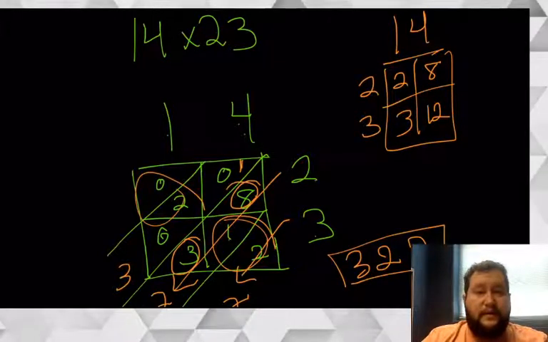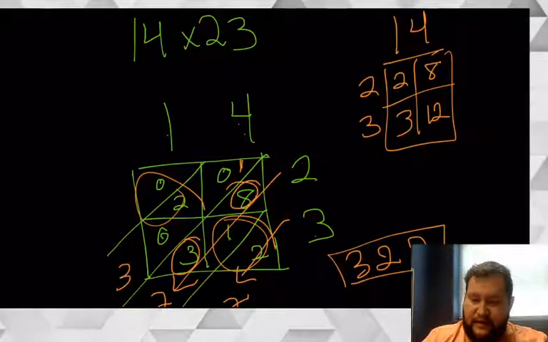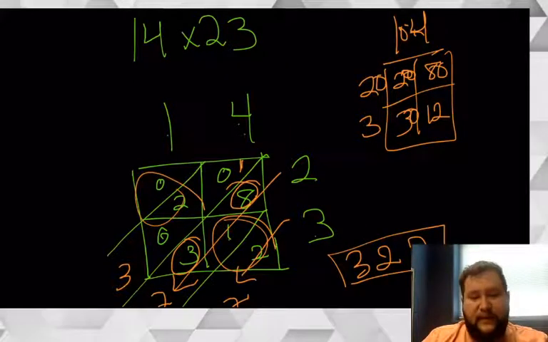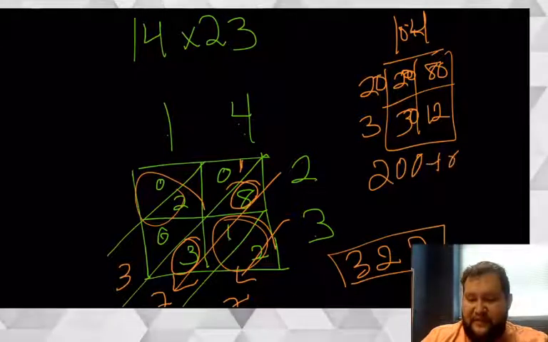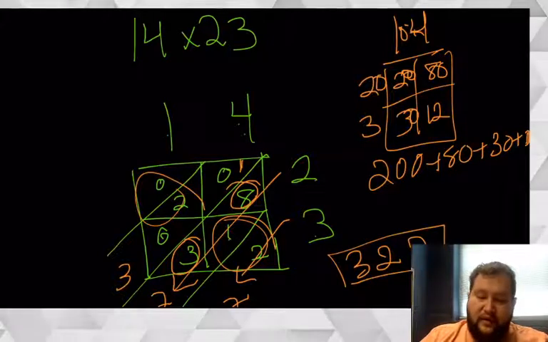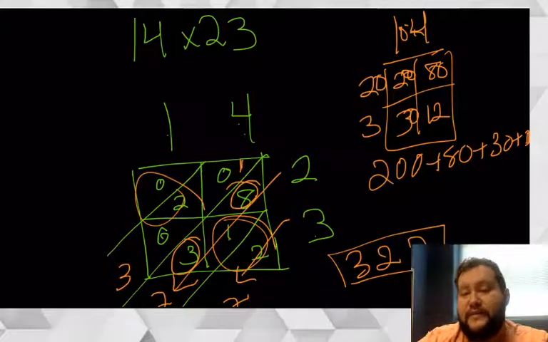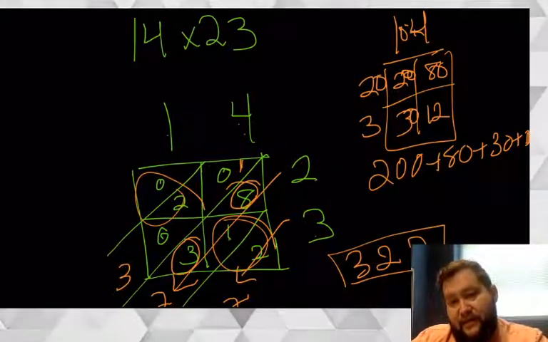And so this works because of place value, and this adding down the diagonals is just a matter of, oh, except I did something wrong, didn't I? I need this to be 10 plus 4. So that's 200, and that's 30. 20. Whew. I was like, that does not add up, because now we have 200 plus 80 plus 30 plus 12. There we go.